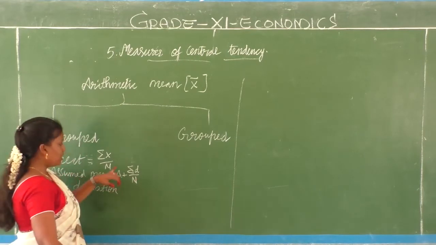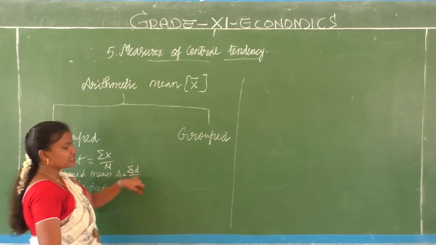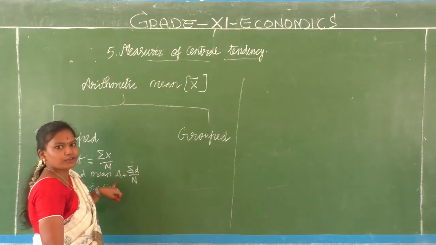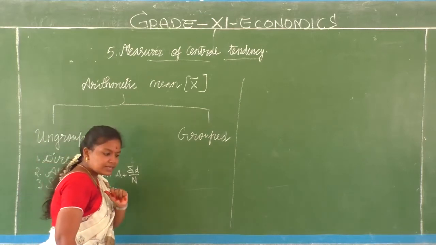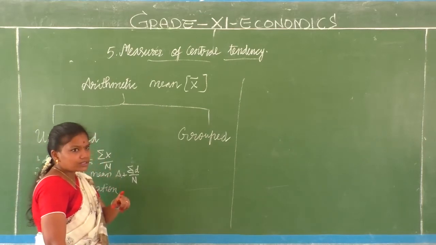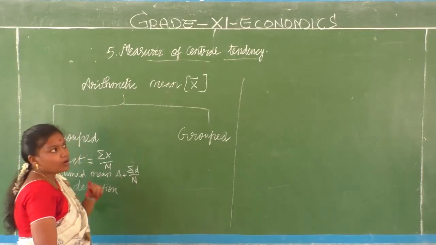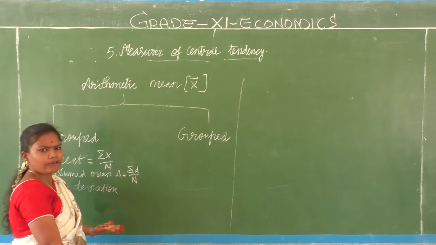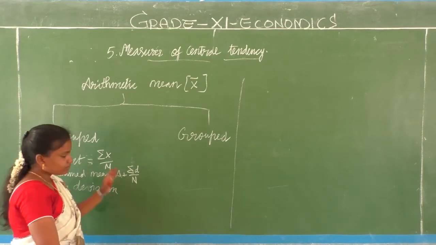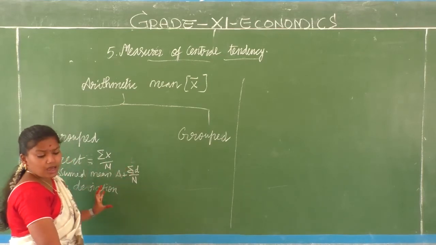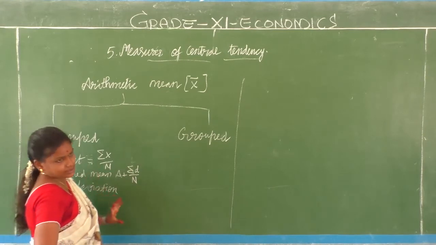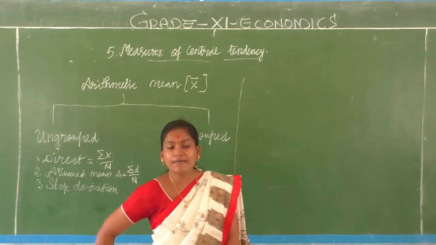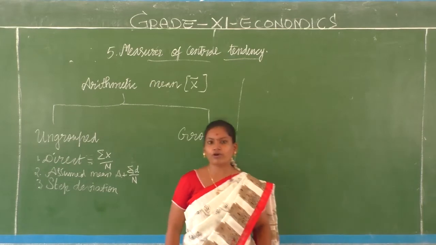Isn't it, children? Here the assumed mean was 850 or 750. In the previous example, we all did it with the assumed mean of 850. Now I want you to try it with a different mean, 700 or 750 or 5000. It's up to you. But I want you to use another method to calculate and find the same answers. Just verify if you are going to get the same.